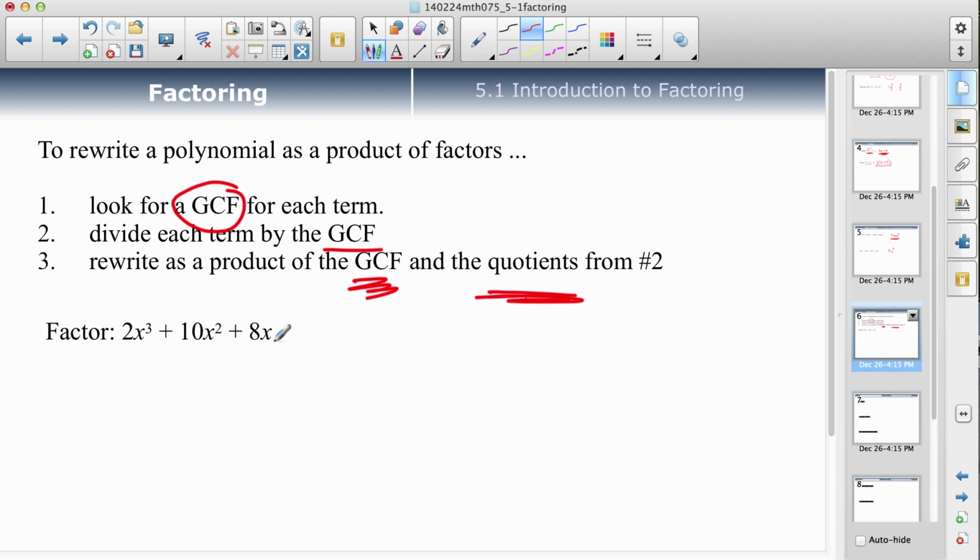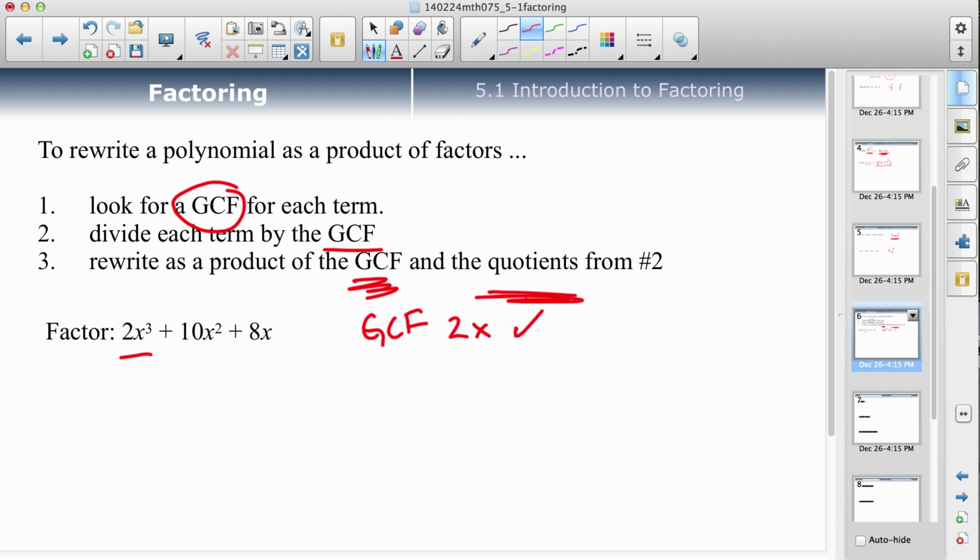So for example, this one, my greatest common factor, 2 would be my number. For letters, this one only has 1, so it's just going to be x to the first. So look for greatest common factor, done it. Divide each term by the greatest common factor.